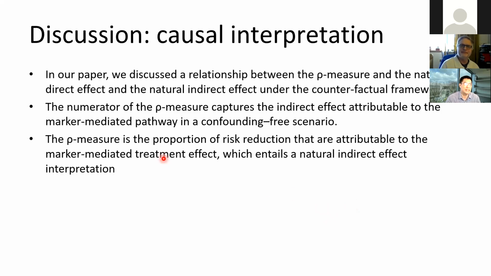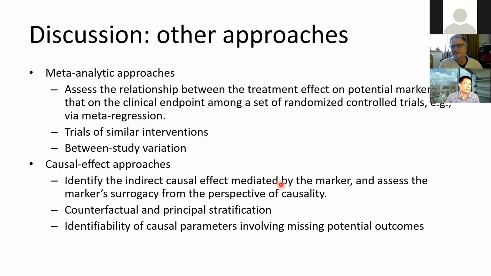So the rho measure is the proportional risk reduction attributed to the marker-mediated treatment effect, which entails a natural indirect effect. In randomized clinical trials with a strong biological mechanism like in 052, we know the viral load is directly related to the clinical endpoints and the transmission endpoint, so the rho measure provides an empirically sensible interpretation.